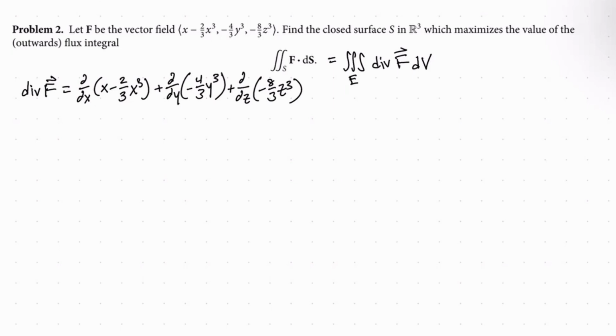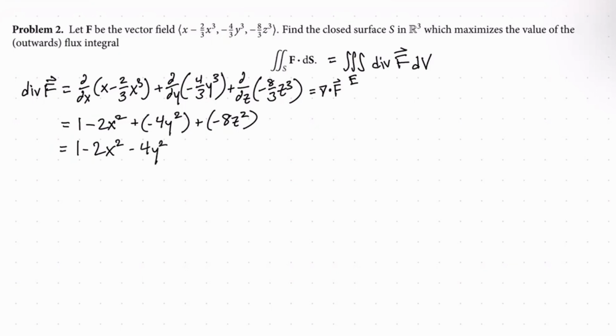And we know all this because the divergence of F is the gradient operator dotted with F. And so if we compute all this out, we get 1 minus 2x squared plus negative 4y squared plus negative 8z squared. And I'm going to write that a little bit neater by taking out all the pluses when it should be negative, like that. So now we have our divergence of F.